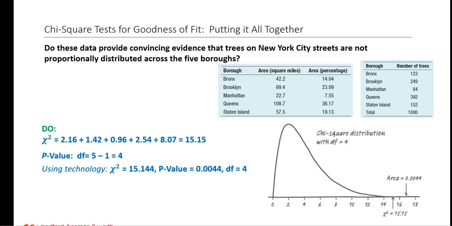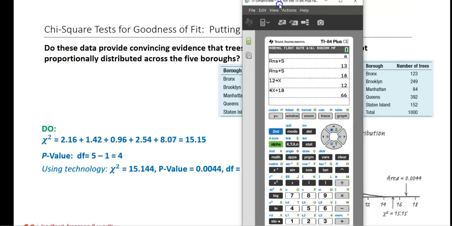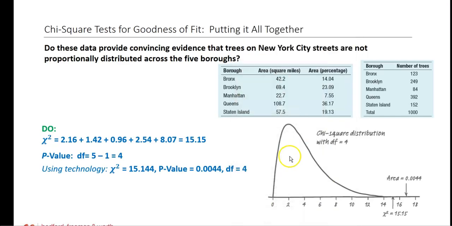So you could get the chi-square value, right? If you do that in your calculator, let me just show you what you do. Oops, sorry, wrong calculator.